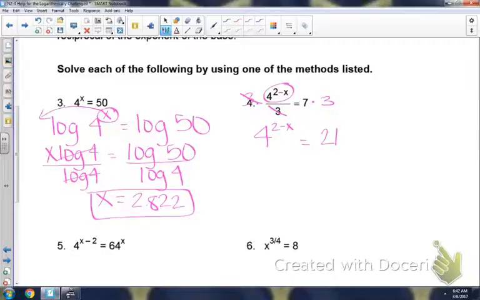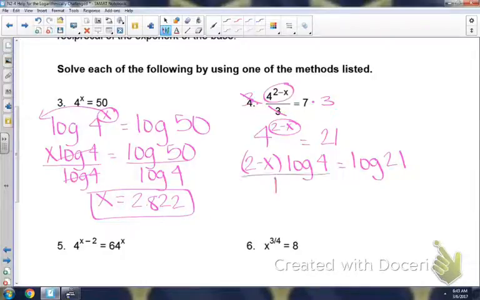Now I have my base with my exponent by itself. So now I'm going to take the log of both sides, and I'm going to go ahead and skip that step and bring this in front. So 2 minus x in front, then log of 4 equals log of 21. So notice we don't have variables on both sides. So now all we need to do is get rid of that log term.